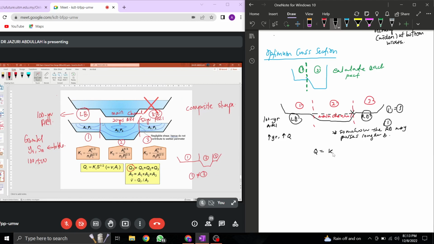Make sure you divide the area vertically. For the wetted perimeter, you only calculate on the side and the bottom, not on the vertical, because the wetted perimeter is only the part of the structure that is wet. For this part here, the wetted perimeter is of trapezoidal form. Any questions about this?